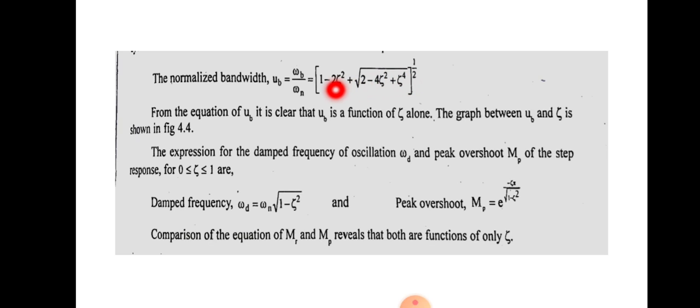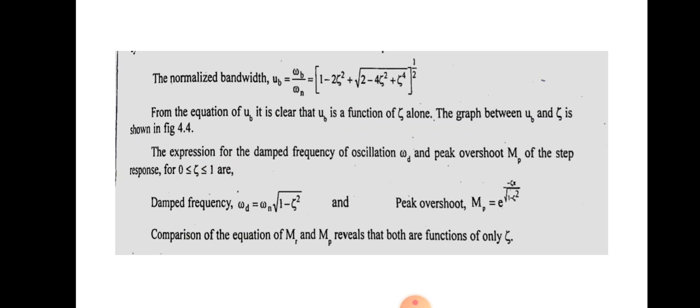That means when we are plotting M with respect to u_b, it indirectly shows the variation of M with respect to epsilon, because u is a function of epsilon alone. That is why we are taking this equation for explanation.